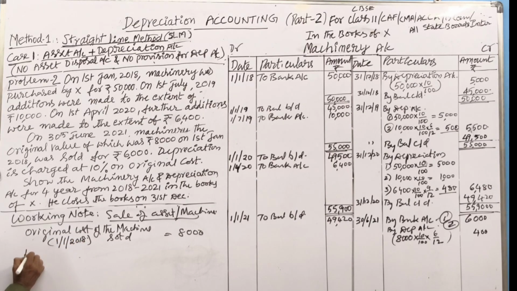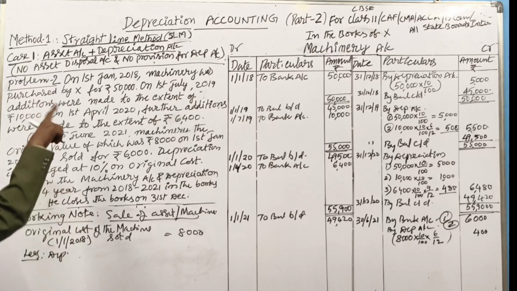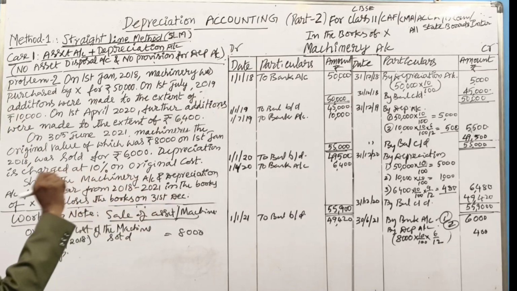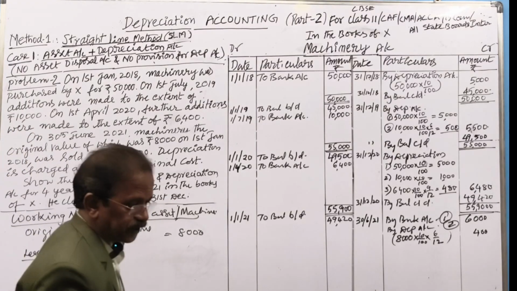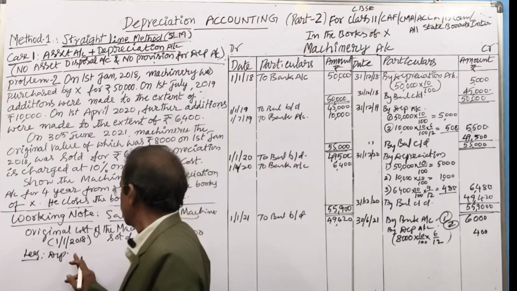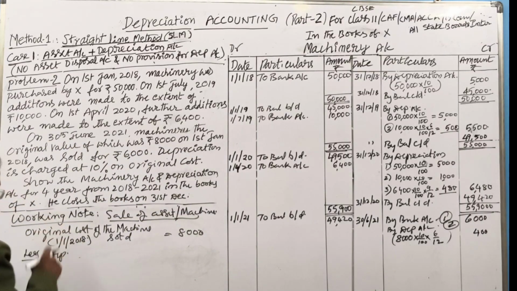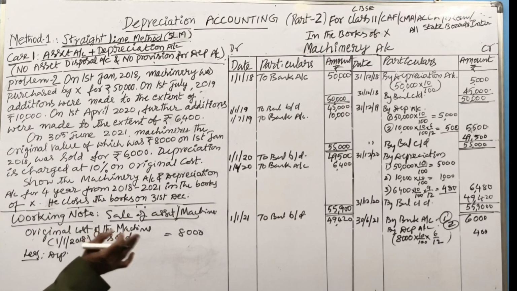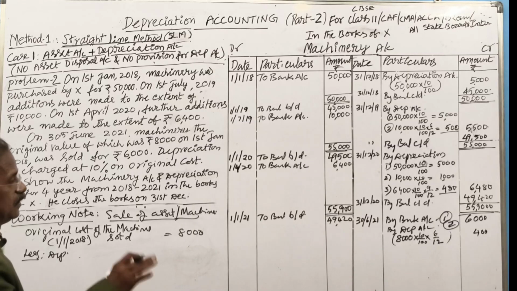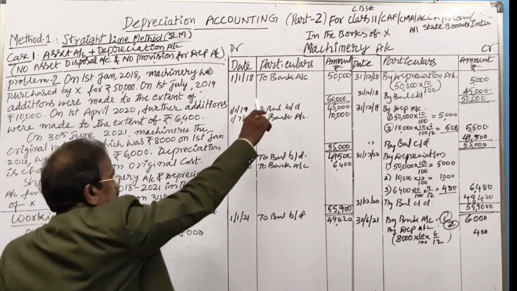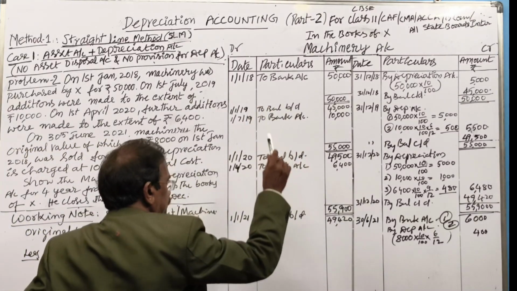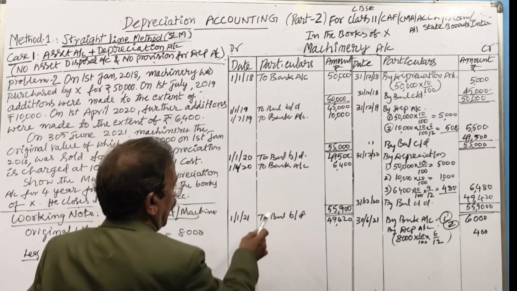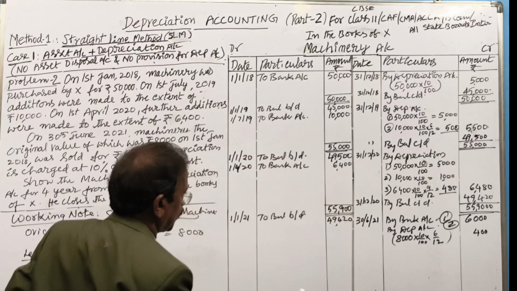Now from this you have to subtract depreciation from purchase date to sale date. How many years and how many months? Totally 3.5 years. First year we have used, second year, third year, and fourth year up to 30th June.